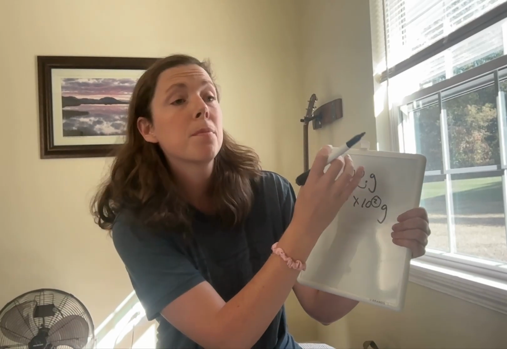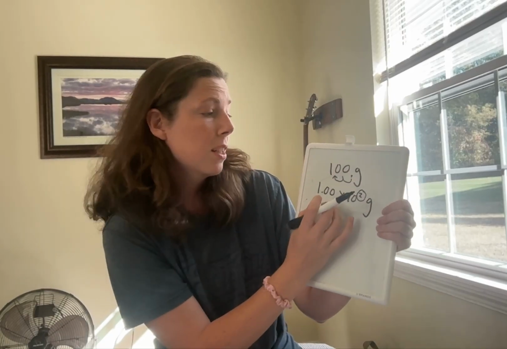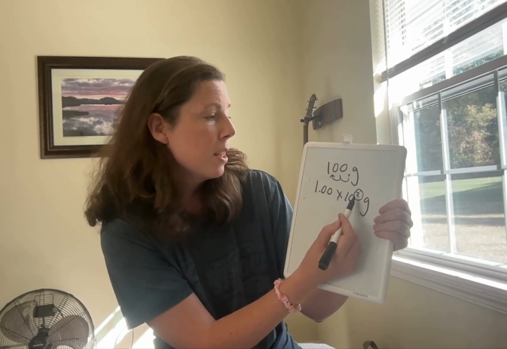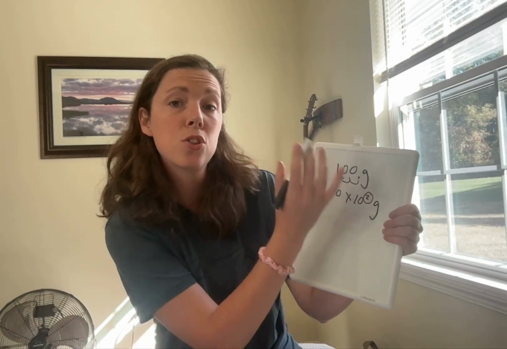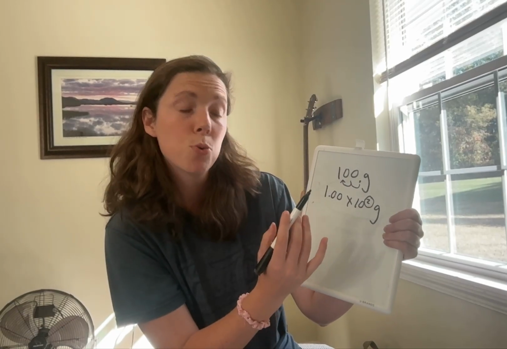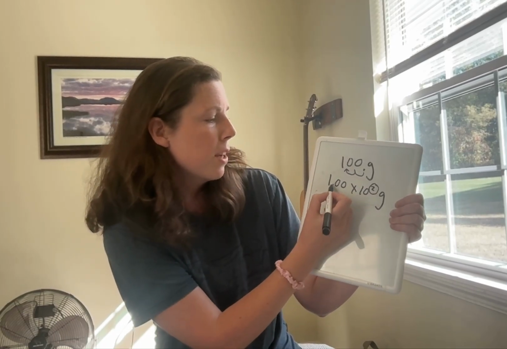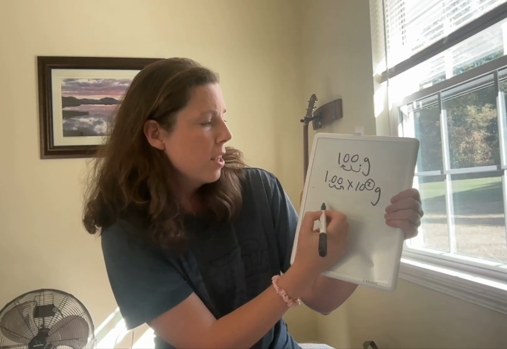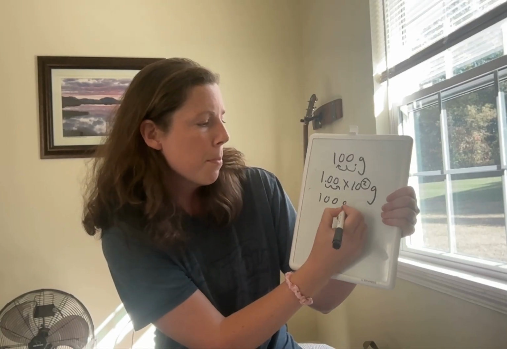To go from the original number to scientific notation, a positive exponent means you moved it to the left. To do it going the other way around, you would need to reverse it. So this would mean move it to the right, and we're back to the original number again.